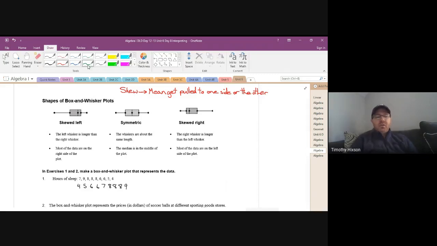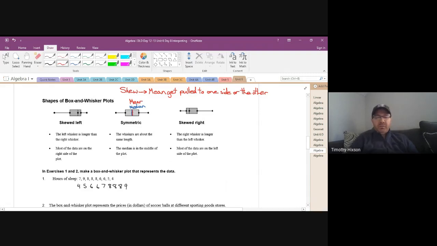So while we have the median right here on that value, okay, in the middle of our box, the mean is also going to be about at the same value. It's not, again, that they have to be exactly the same.